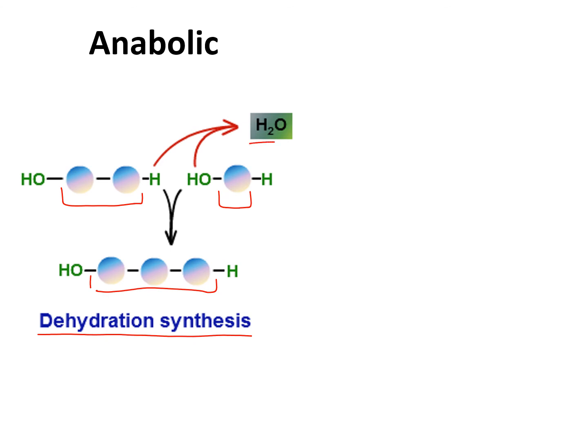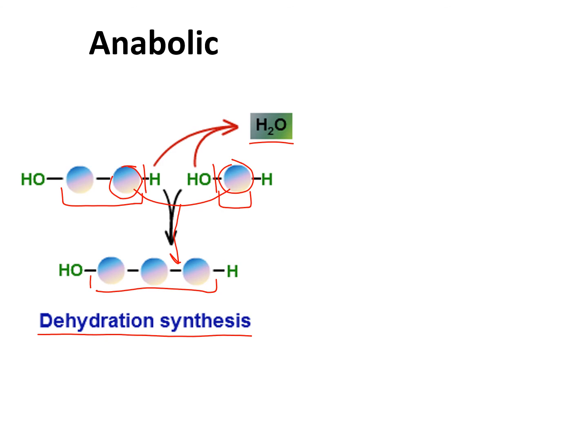In terms of water, dehydration synthesis reactions result in a molecule of water being formed. That is because in order to link these 2 monomers together, you have to break pre-existing covalent bonds, because that is going to free up electrons so that these 2 monomers can then form a new covalent bond together.